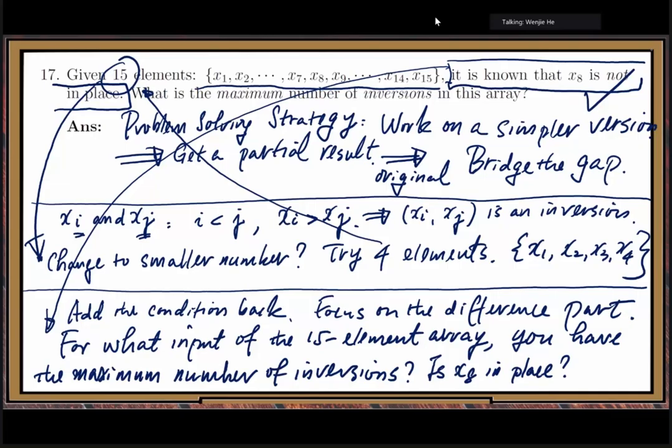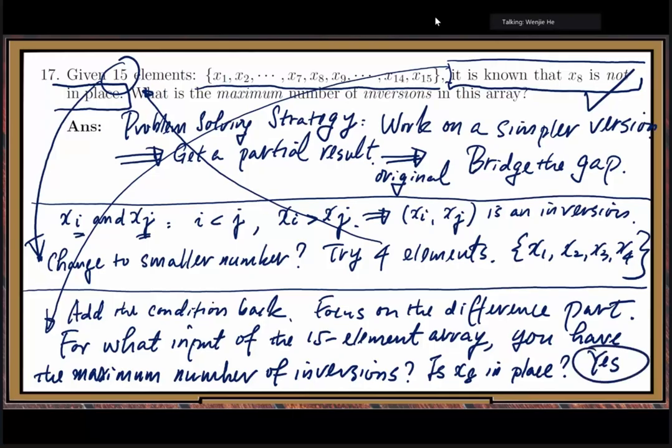If x8 is not in place, the given condition is already satisfied, so you don't need to change your answer. You just use your current answer. But there is a possibility x8 is in place.